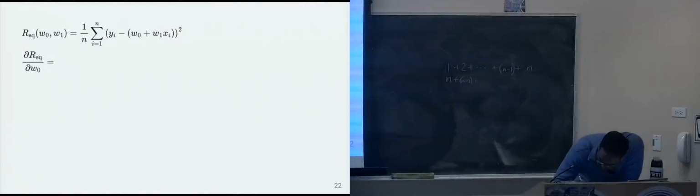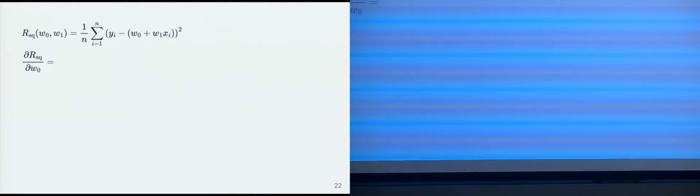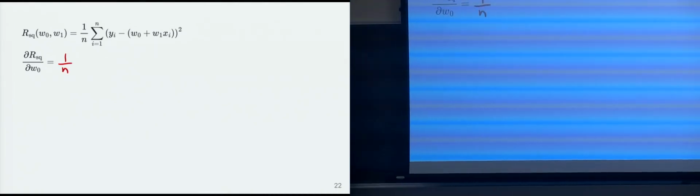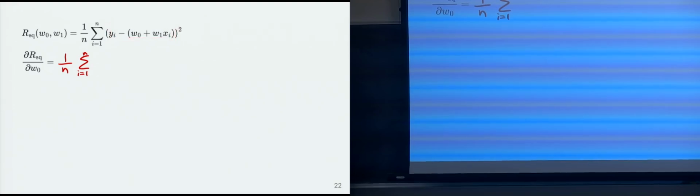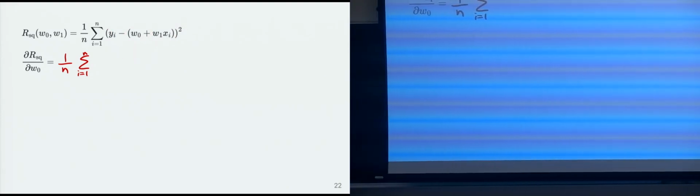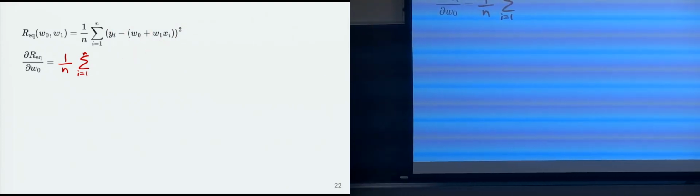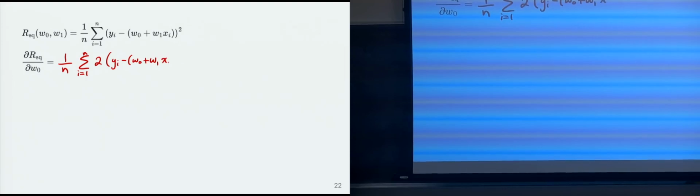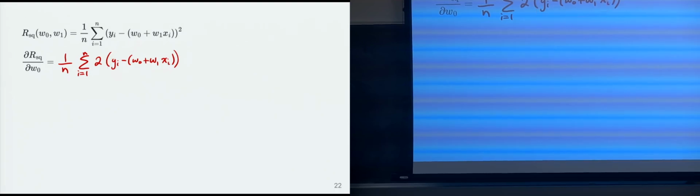The derivative, or partial derivative, of this thing with respect to w naught is, well, I have something squared. The derivative of something squared is 2 times something times the derivative of something. So the 2 comes down. And then I need to multiply this by the derivative of this with respect to w naught.